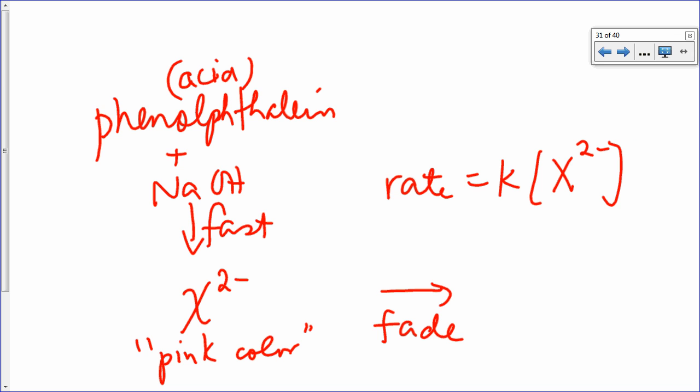So we need to determine the order of the reaction with respect to the concentration of the pink ion. Okay? And so, let's do that. I have here some sodium hydroxide. And I'm going to put phenolphthalein in it. And you can see for yourself that the color fades over time.